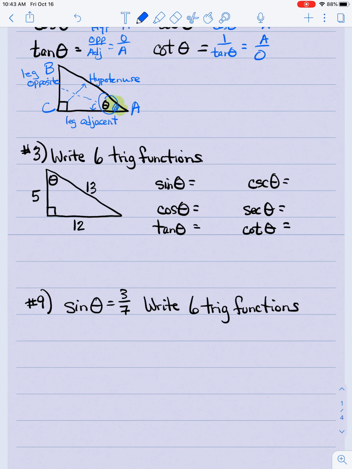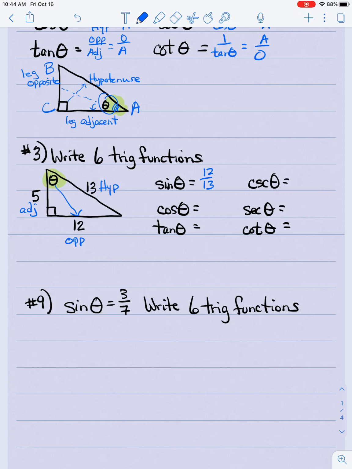Okay, so one of your questions, on the second page here, 328, says write 6 trig functions. Here's a right triangle, go for it. All right, so they have us looking at theta up here in the corner. So from theta, the 12 is on which side? If you said opposite, you are correct. The 5, adjacent, and 13 is the hypotenuse. Okay, so for sine of theta, opposite over hypotenuse is 12/13.